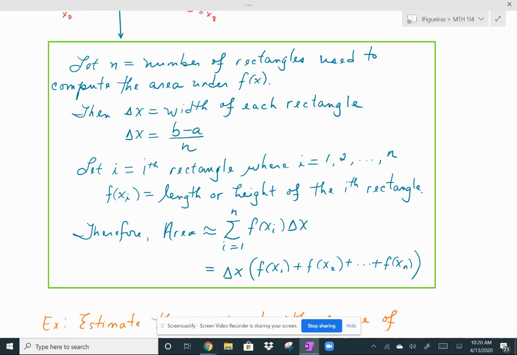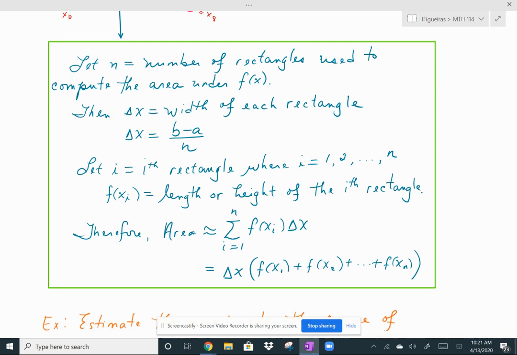Delta x will be the width of each rectangle, and we compute delta x like this: we take our interval a, b, subtract the smaller value a from the greater value b, and divide by the number of rectangles. i will be the ith rectangle, where i goes from 1 to n, 1 being the first rectangle and n being the last. And f of x sub i will be the length or height of the ith rectangle, because remember, we need a width and a length or height.